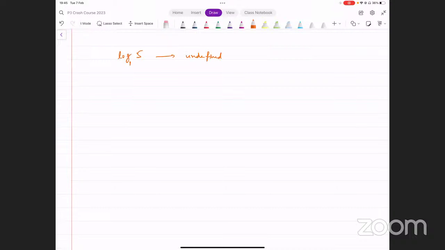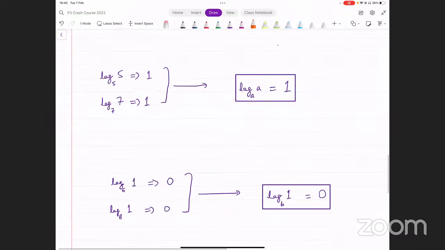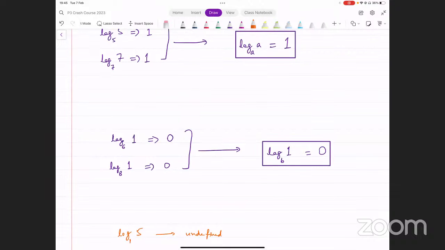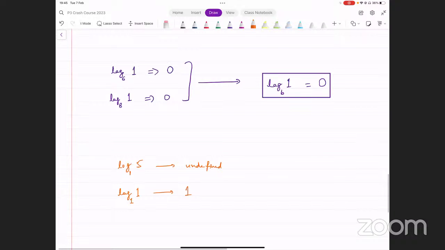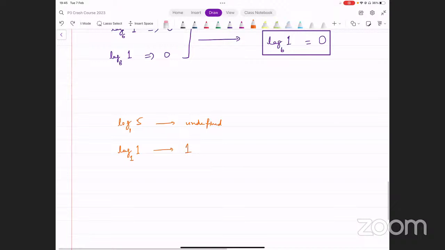But now, what if you had log of 1 with base 1? Remember the rules that we discussed earlier? We said if both numbers are the same, this should be 1. But we also said log of 1 is 0. But think of it logically.